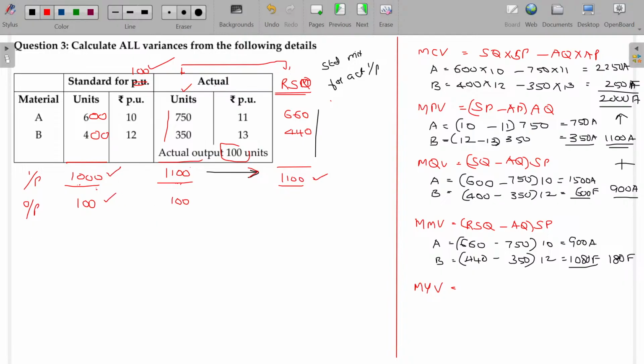For 1100 input, how much should be the output? Actually, you are going to compare between standard and RSQ. Input 1000 means output being 100. 1100 input means how much should be the output? Cross multiplication gives us a clue, 110.